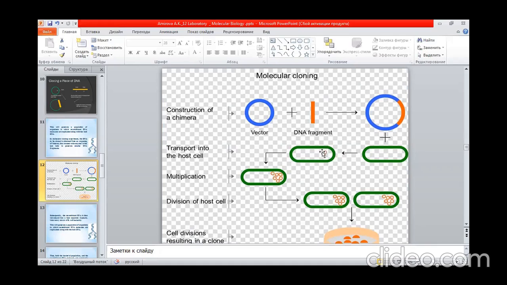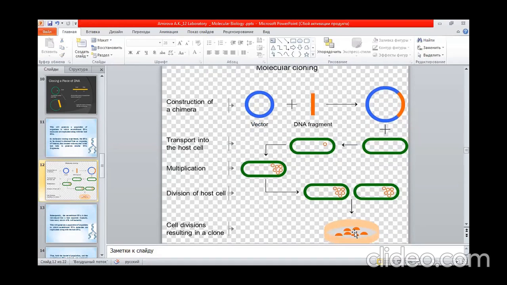Recombinant DNA in host cells, and then multiplication and division of the host cell, and multiplied bacteria with recombinant plasmid.